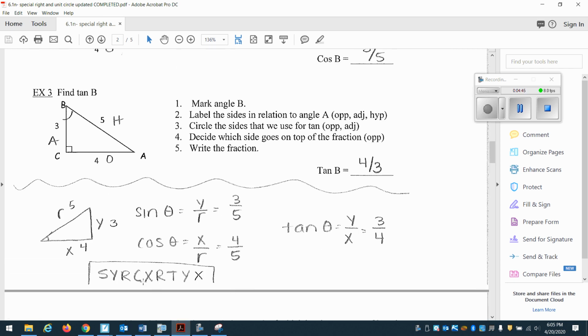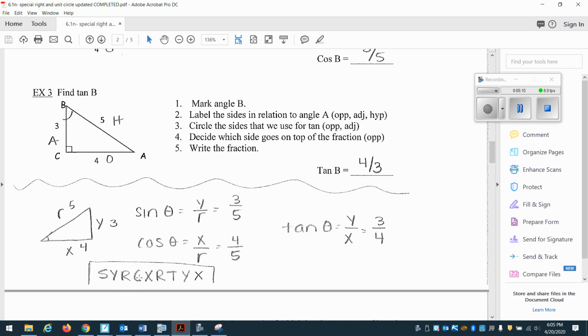It's called circumference. As you label R for your hypotenuse, because that's going to be eventually the radius of our unit circle, then you have X, which represents your x-axis, and Y, which represents your y-axis. So sine is y over r, which makes sense because that's opposite over hypotenuse.